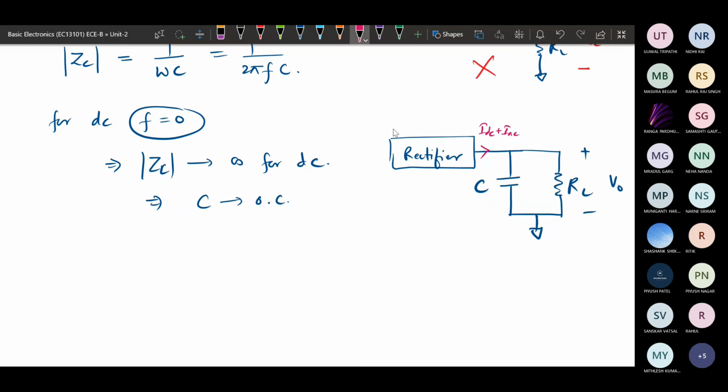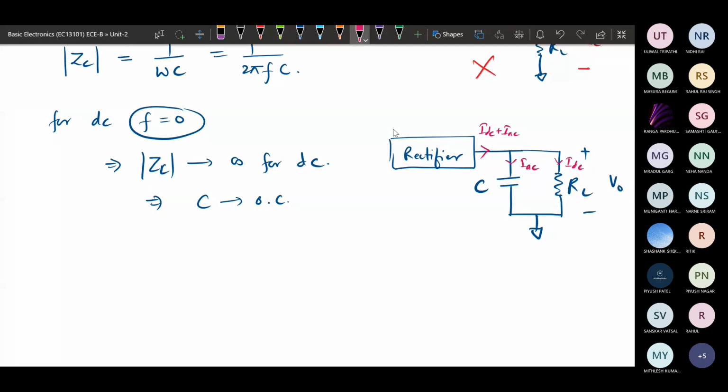As we already know, DC cannot flow through the capacitor, so for DC it will be open circuit. That means the DC will only flow through the resistance, and the capacitor allows only the AC component to pass through. So AC passes through the capacitor and the remaining DC component passes through the resistance. This is the motive.